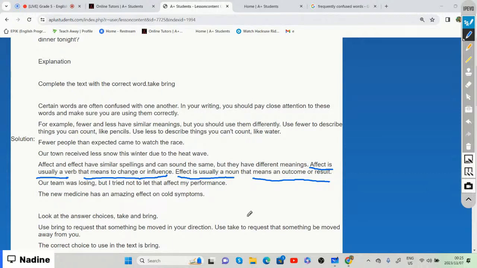It's the outcome or effect that you will get by taking this new medicine. So affect and effect is one of the most commonly confused pairs of words, as well as fewer and less.